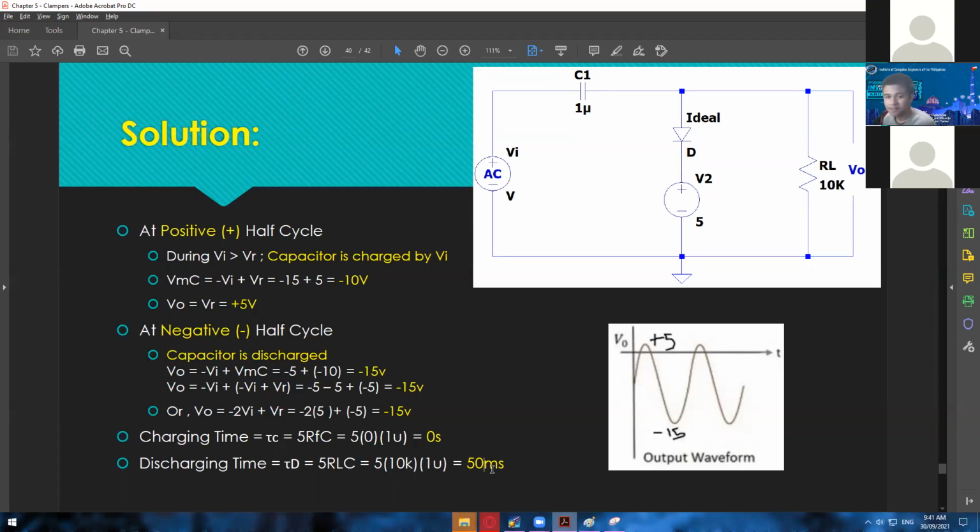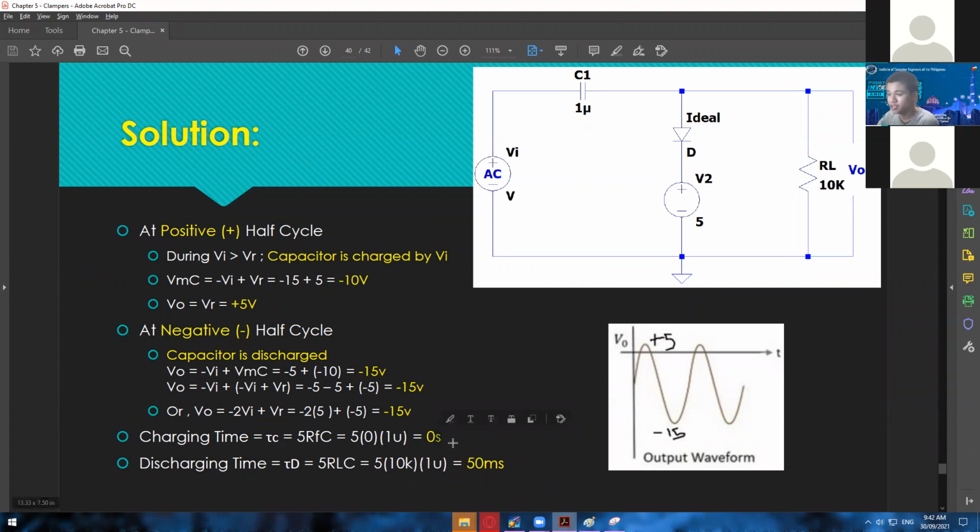So either seconds or milliseconds is still acceptable for the charging and discharging time. Or should it be seconds for the charging and milliseconds for the discharging?